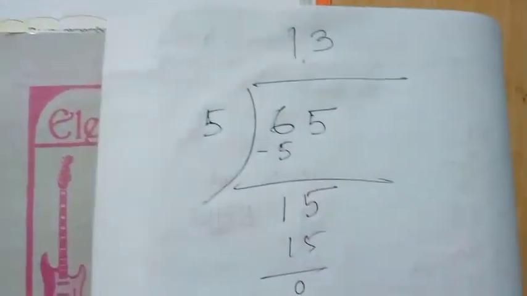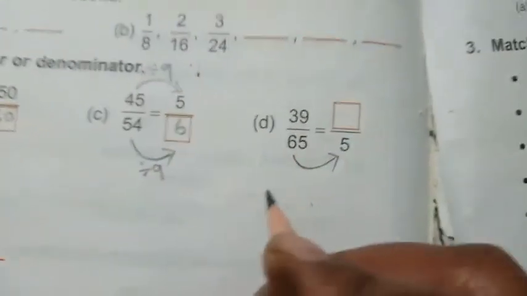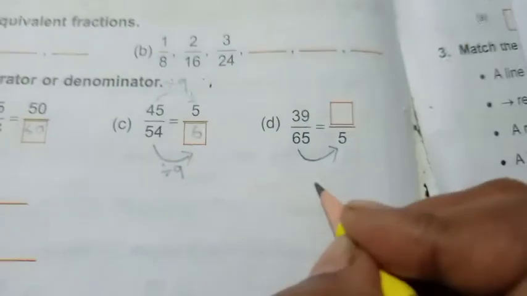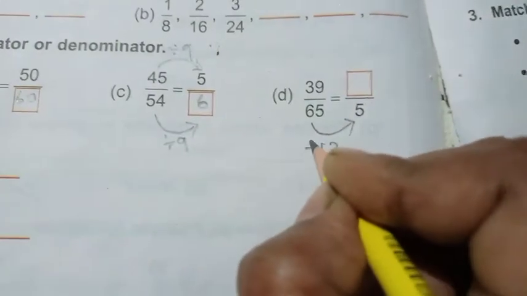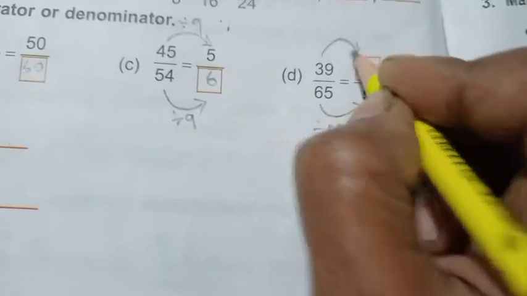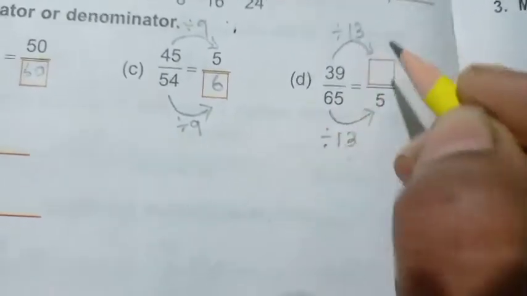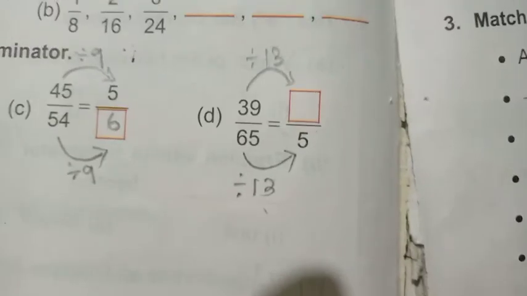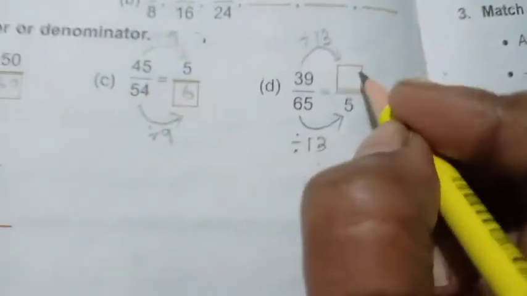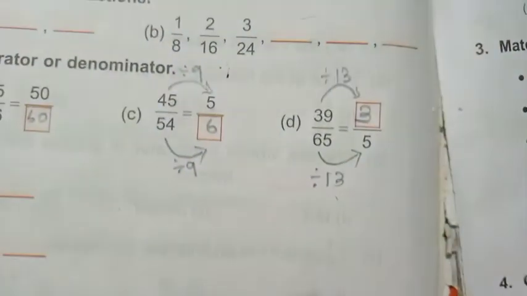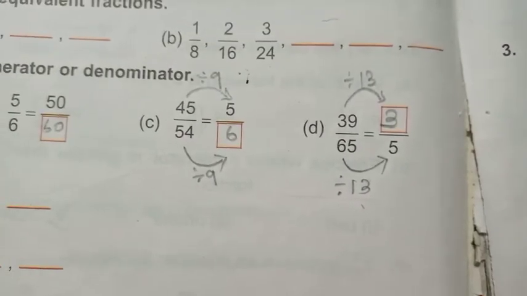So 13 is the answer. So if we see here, 65 divided by 13 gives us 5. So we will divide 13 up also in the numerator. So if you recall, 13 3s are 39. So 3 will come here. Got it, children?